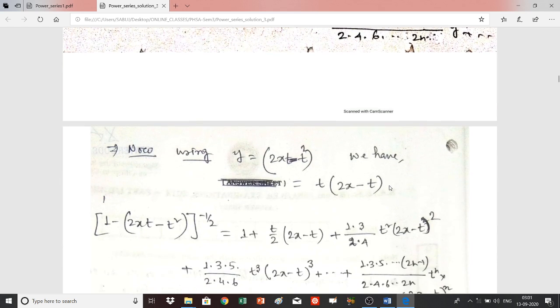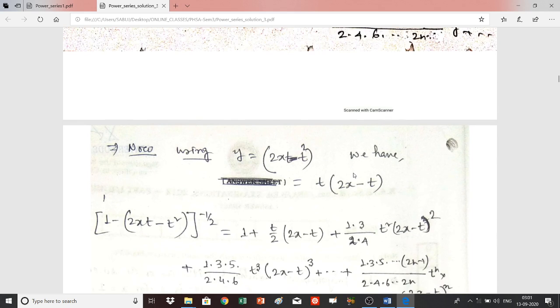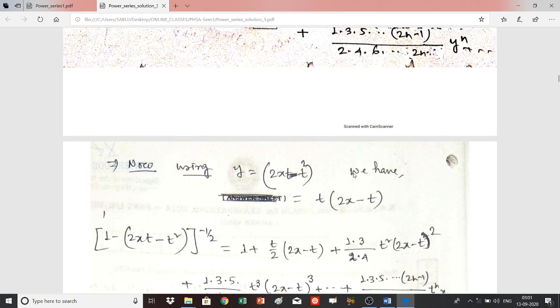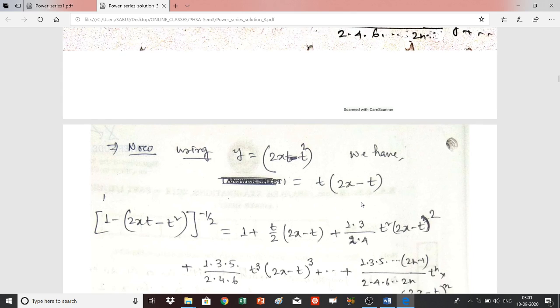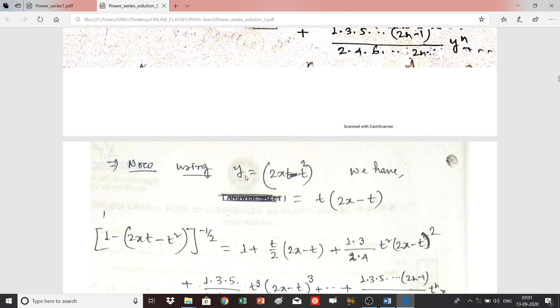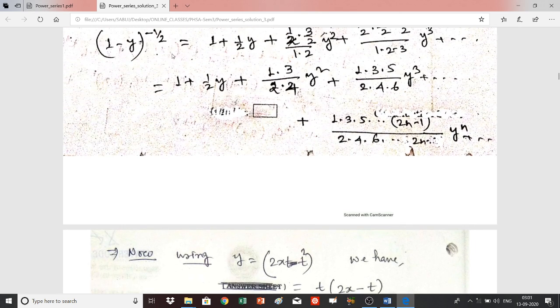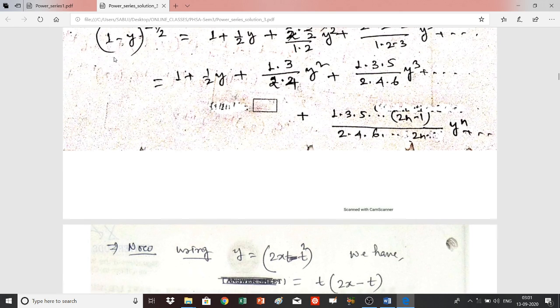Now using y is equal to, as I said before, 2xt minus t square. So from this relation, y is equal to t as a common term, t into 2x minus t. If you substitute the value of y in this series, then what will you have?